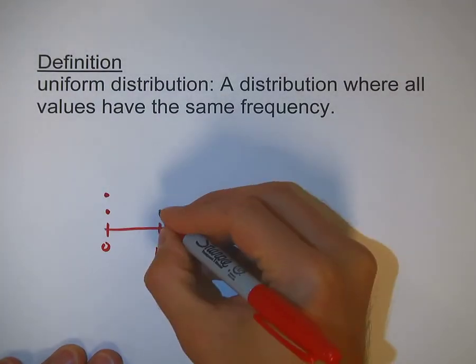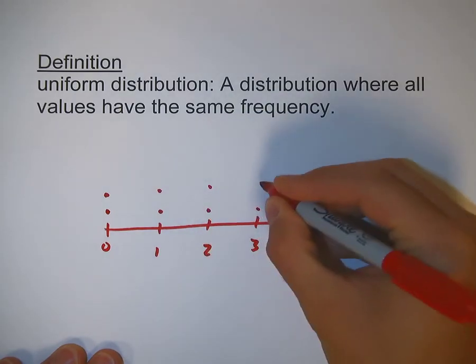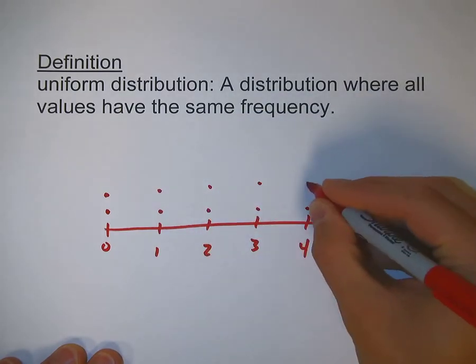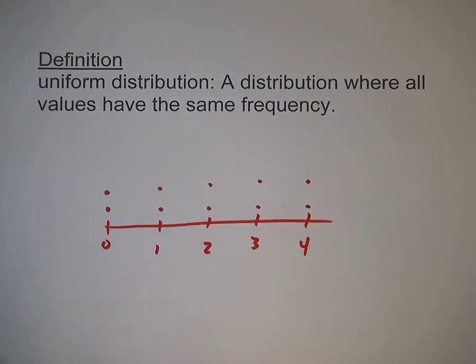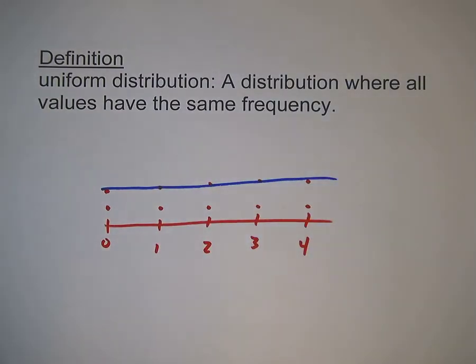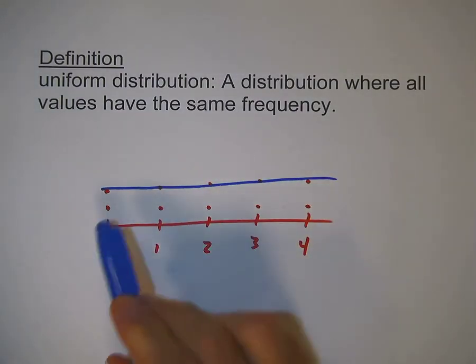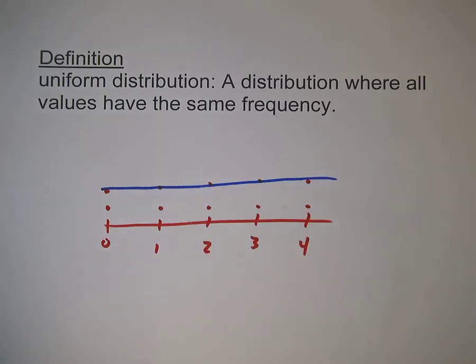If each of those values had a frequency of 2, this is what we call a uniform distribution. If you can basically draw a straight horizontal line over the tops of all of those boxes, that's going to be a uniform distribution.